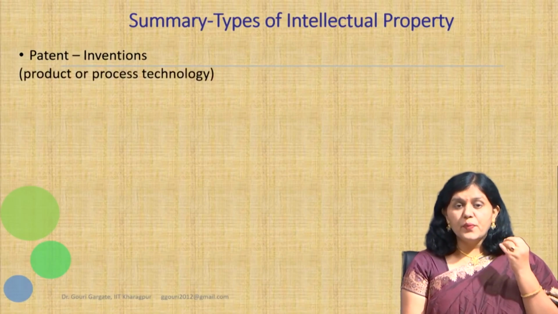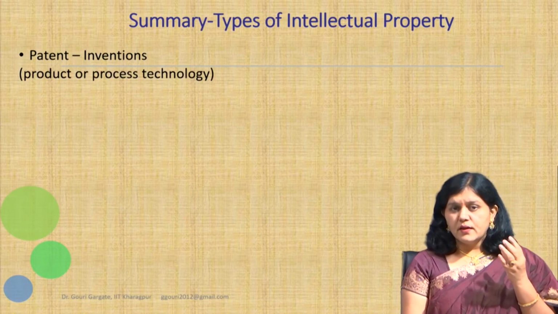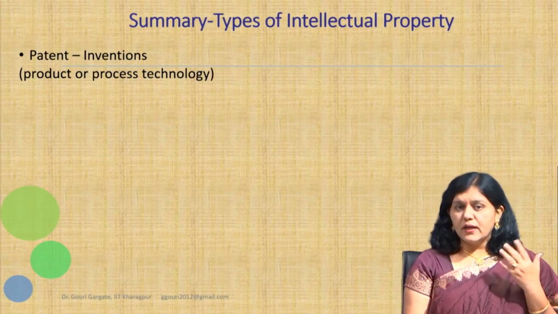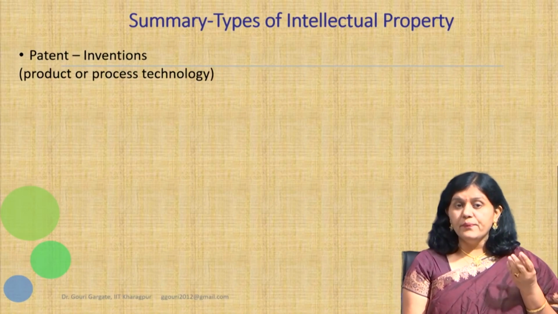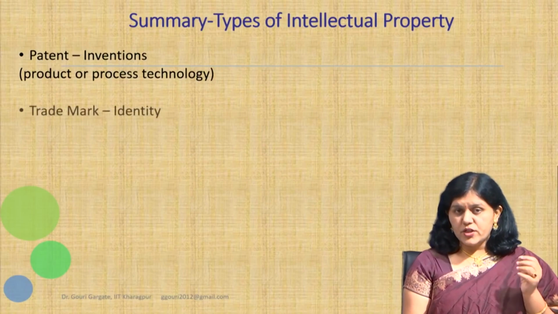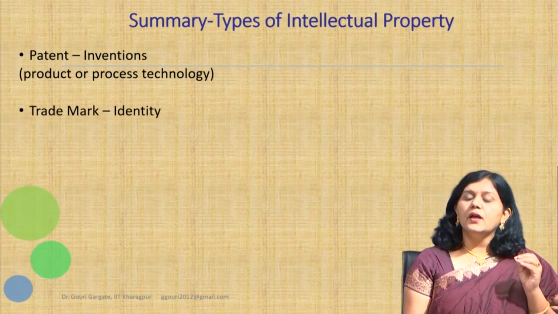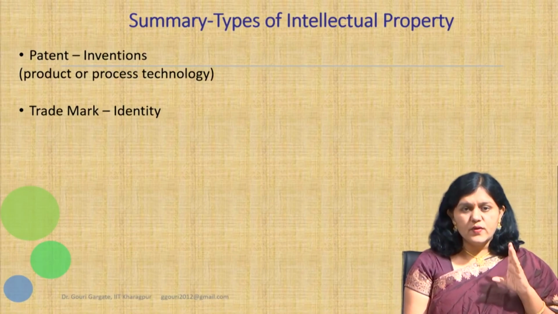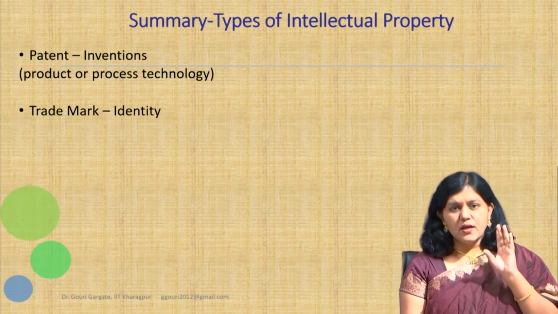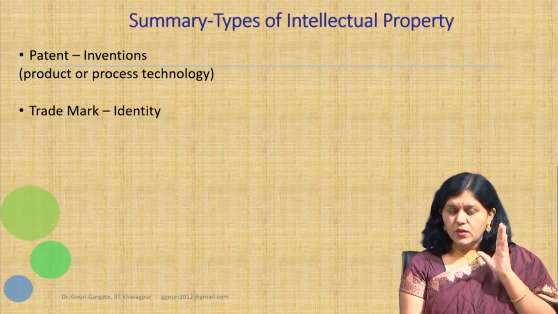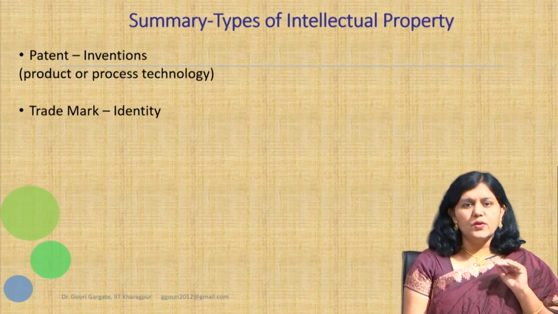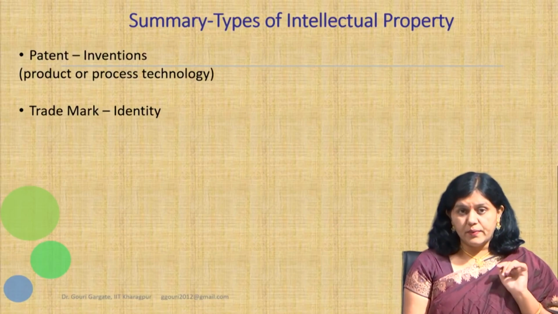So generally any product or process technology can be protected by a patent. Inventions and innovations: please note there is a difference between inventions and innovations, but when we talk about the Patent Act, we always say inventions, and there are only product patents and process patents. In India we have these two types of patent. We don't have a utility patent.